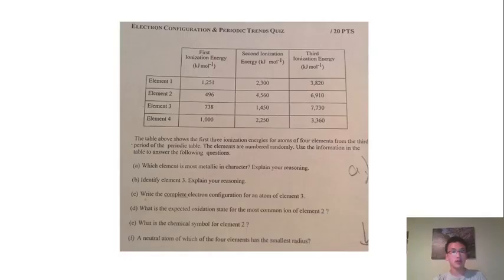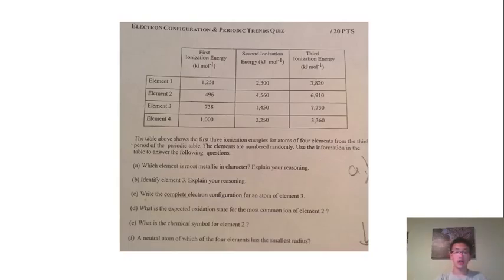You can see from element 3 it goes from 700, multiplied by about 10, to 7,700 kilojoules. This is because it's such a huge cost to remove the first electron in the stable orbital.